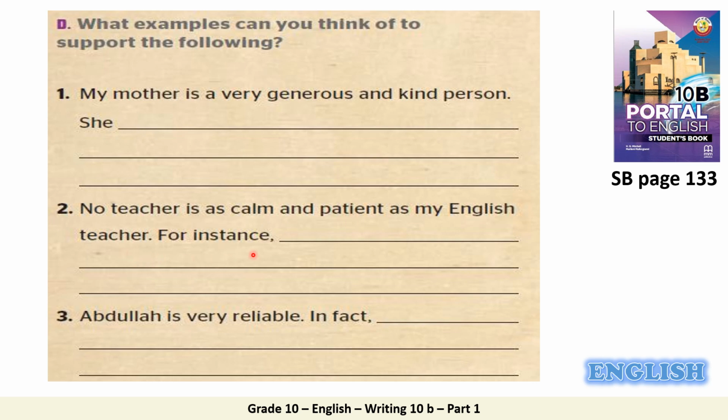For instance, or for example, and I'm going to give some examples about what makes me think that this teacher is calm and patient. Alright? Number 3, Abdullah is very reliable. In fact... so I'm going to expand on the description of Abdullah. So please pause the video and we will be back to expand our descriptions.